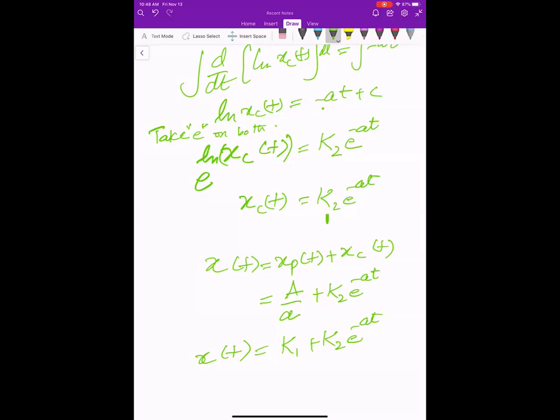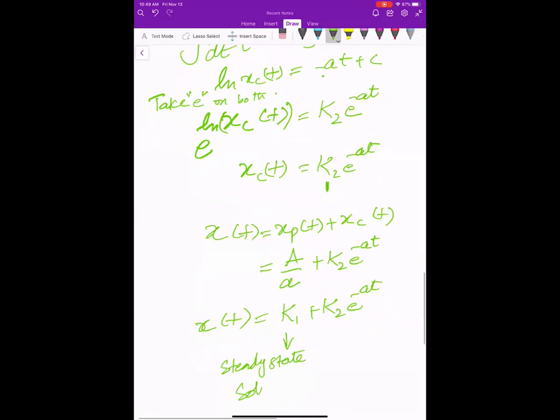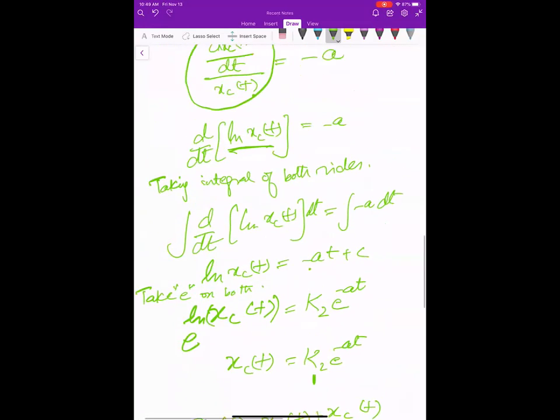So I can also say that this is my steady state solution. And this is my transient solution. But we will do a little bit more digging in this, on how we will use this thing. Sounds good?